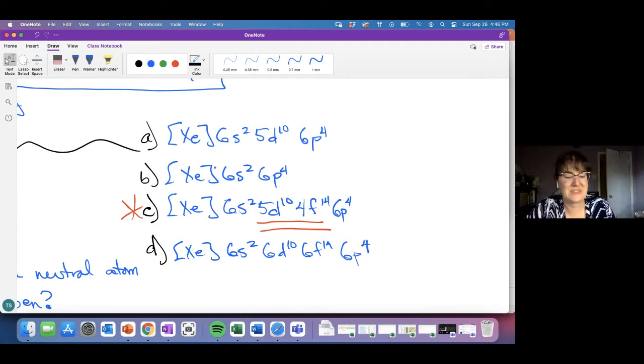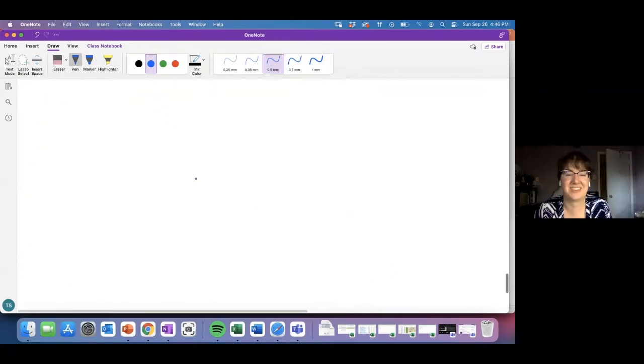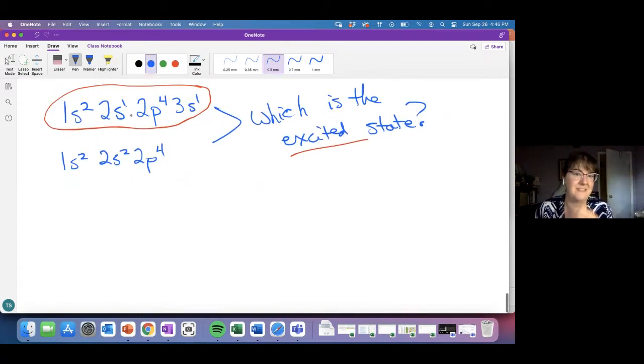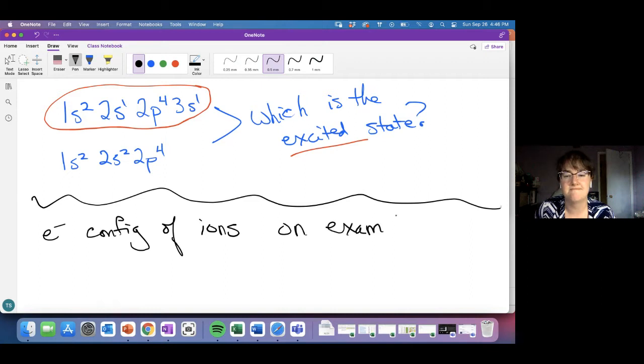Gotcha. Okay, if something like copper got an extra electron, would the electron go in the half-full s subshell or would it go in the p subshell? I'll go ahead and answer this one. I'm going to remind you that electron configuration of ions, which is technically what I was just asked, is on exam 3, not exam 2.